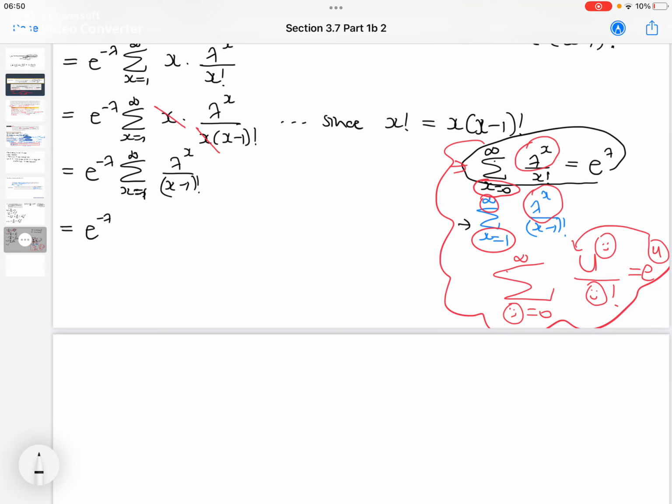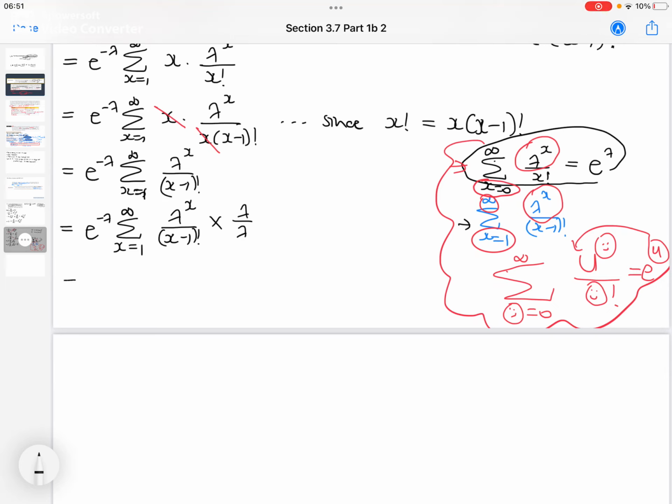So we have here e to the power minus lambda times the sum where x goes from 1 to infinity of lambda to the power x divided by (x minus 1) factorial times lambda divided by lambda. If I multiply by 1, it means I haven't changed anything, right? 1 times 1 is 1. 2 times 1 is 2. 3 times 1 is 3. So if I multiply by 1, I have not changed anything.